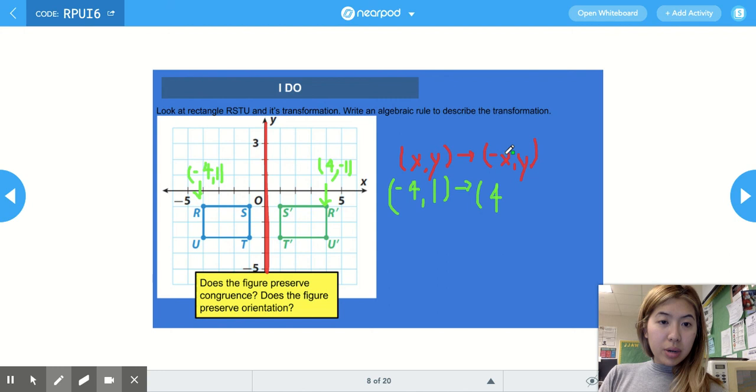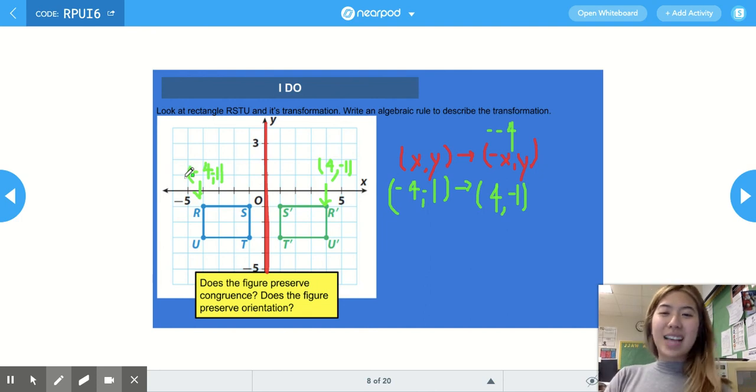So if we had input the -4 here, it'd be -4, because x was originally -4, and then we're putting a negative in front of it. 2 negatives make a positive, so +4, -1. Sorry, this was also supposed to be -1. So the original point was actually -4, -1, not +1. And then the reflected point was +4, -1.